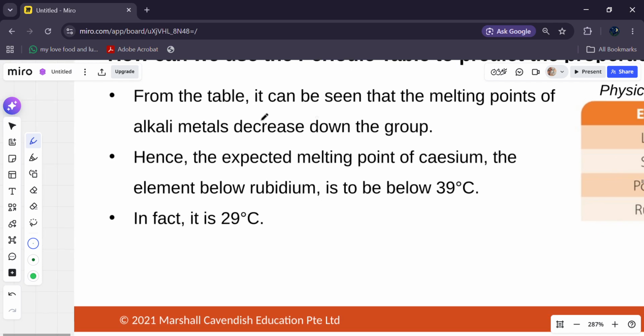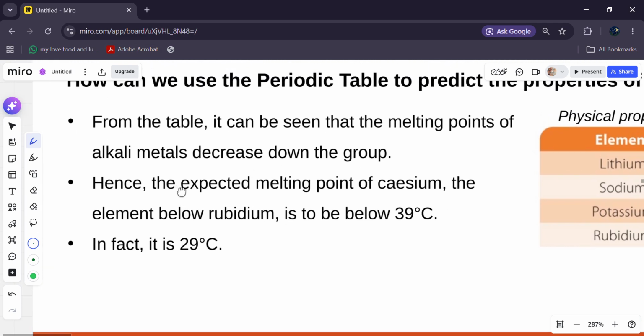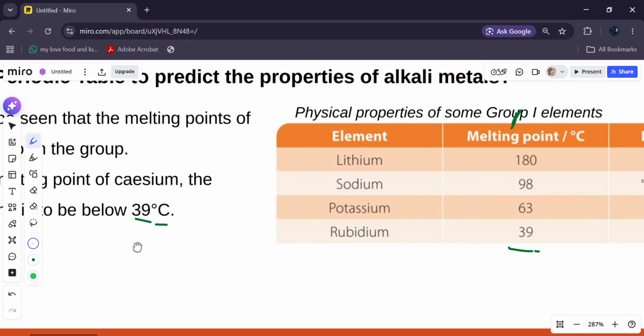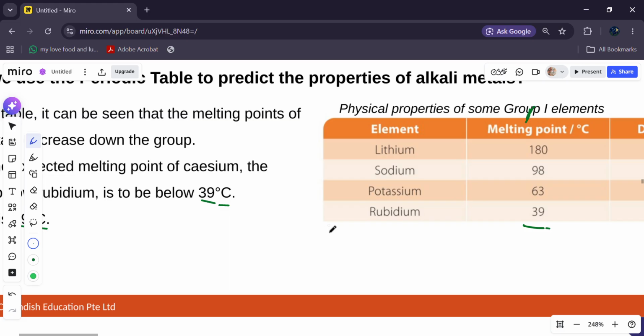The melting point of alkali metals decreases down the group. Hence, the expected melting point of caesium, the element below rubidium, should be below 39 degrees Celsius. In fact, it is 29 degrees Celsius. And because of this trend, we can predict the melting points of the metals after rubidium.